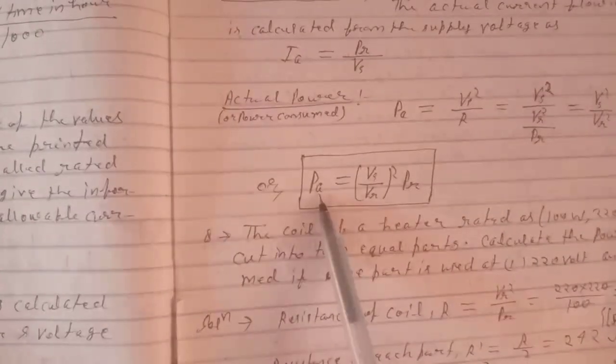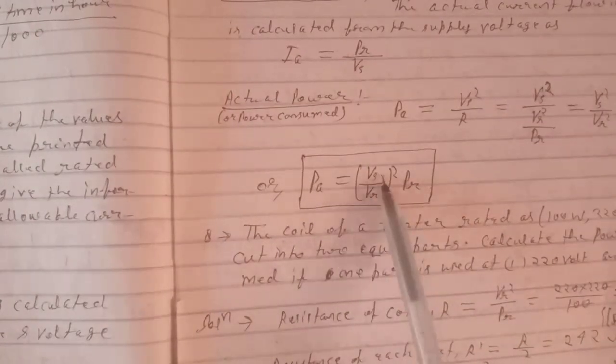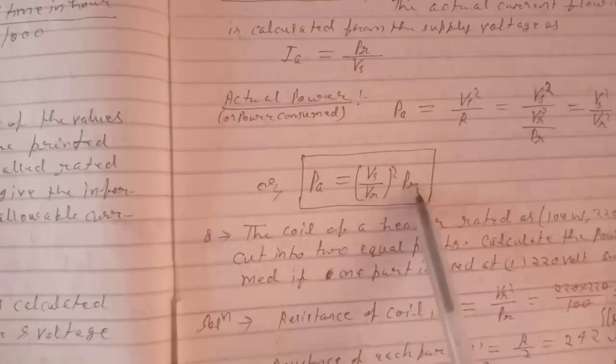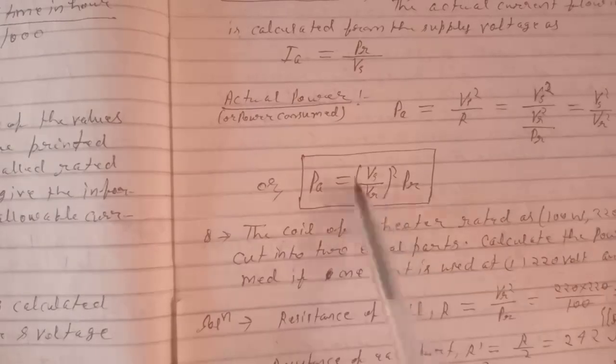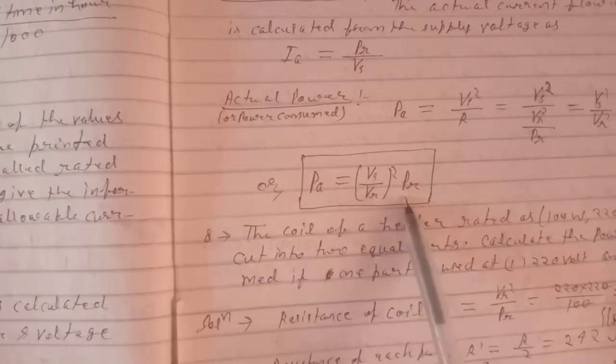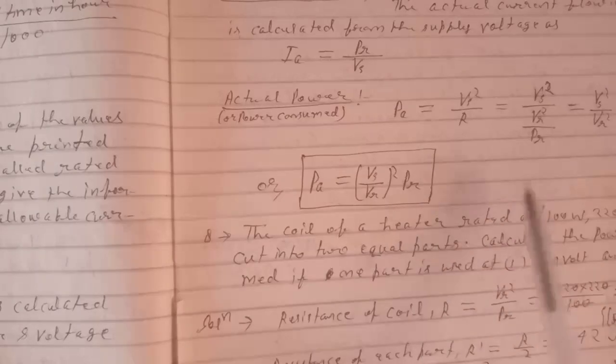So actual power consumed will be (V supplied by V rated) whole square into P rated, that is, supplied voltage divided by rated voltage whole square into rated power.